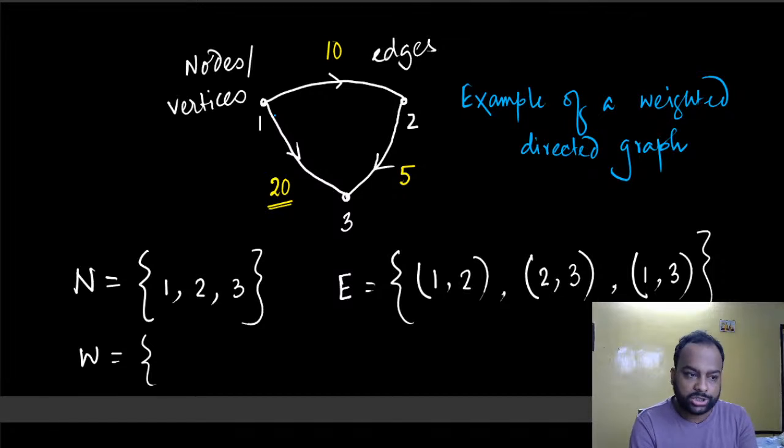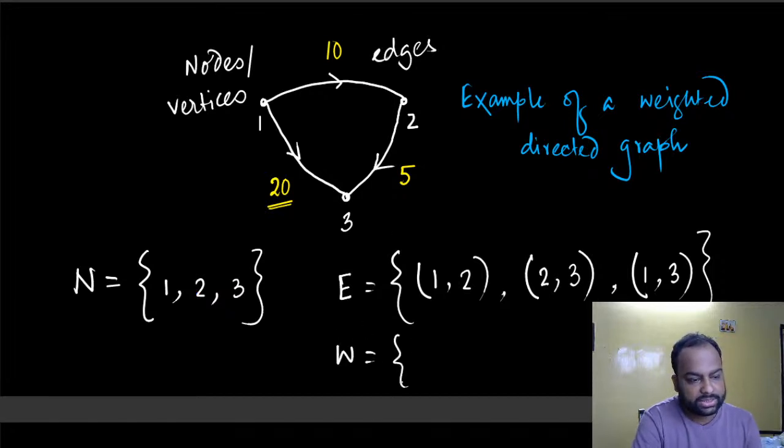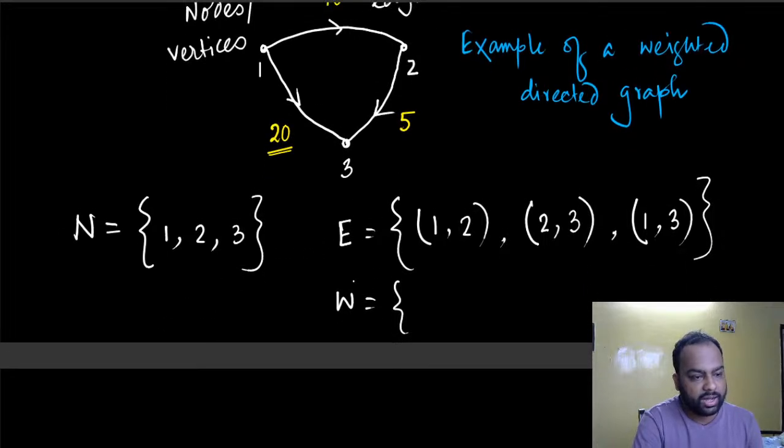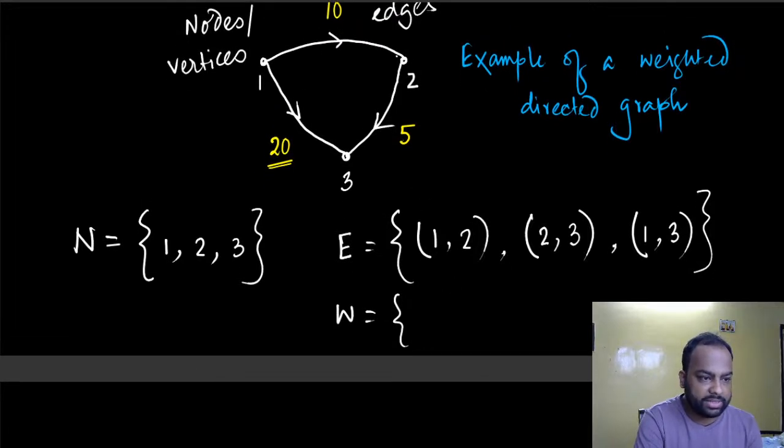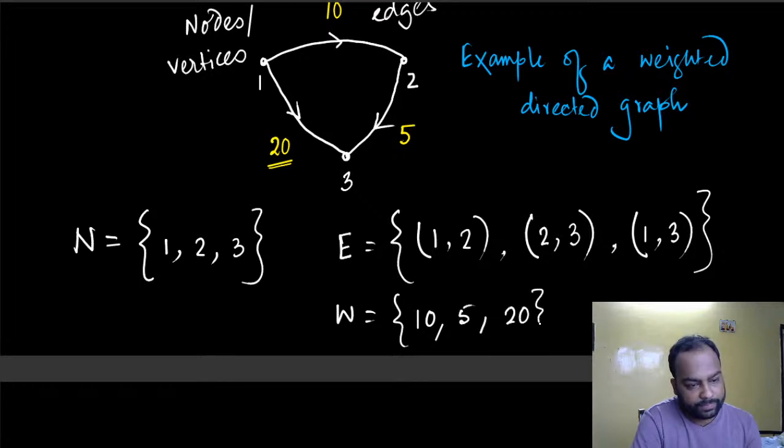The weight could be cost, the weight could be time, anything, if these are roads, for example. And we have another set, W, denoting the weights, which are associated with the edges. For example, edge (1, 2) has a weight of 10, this edge has a weight of 5, and this one has a weight of 20.